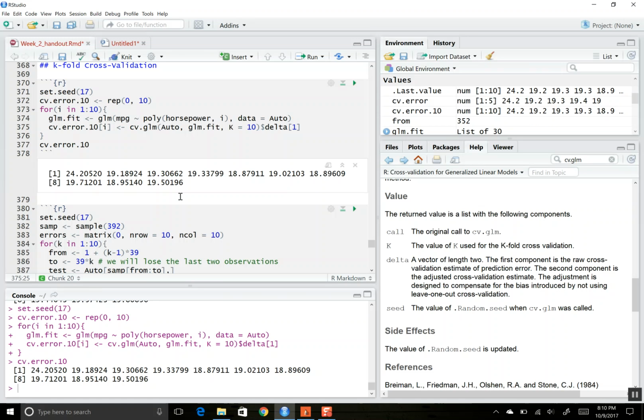Okay, and this was just a very simple example using regression, but the ideas of cross-validation apply to other types of modeling, in that a lot of times you want to take the data you have and split it into a training set and a test set to get an idea.